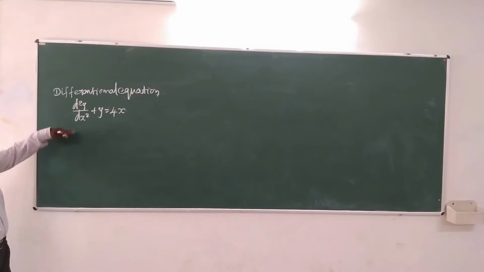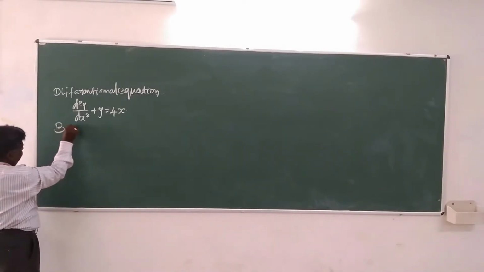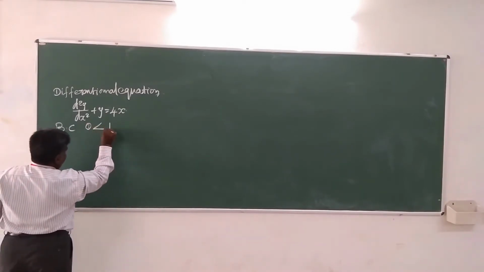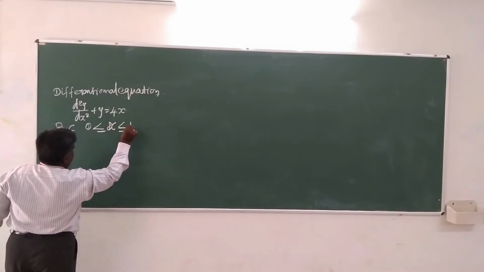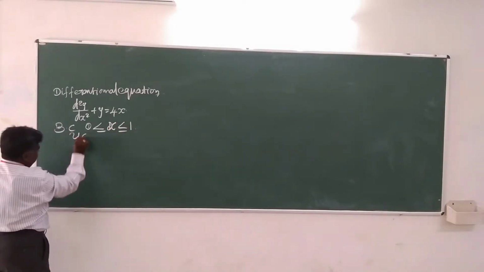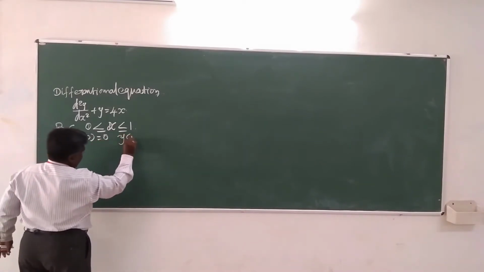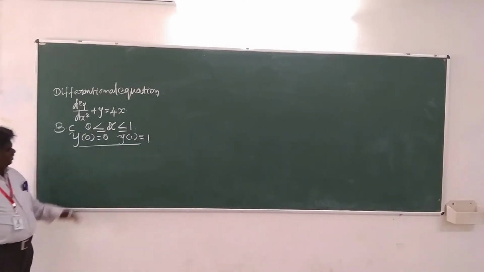Then the boundary conditions are given, with limit 0 to 1, that is y of 0 equal to 0, y of 1 equal to 1. This is the information given in this problem.